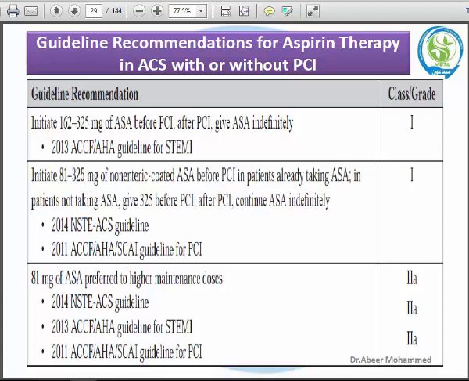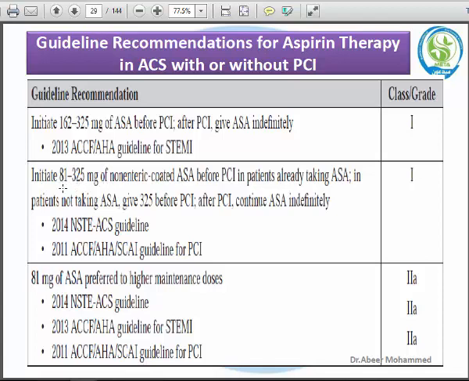Guidelines recommendation for aspirin therapy in acute coronary syndrome with or without PCI. Initiation is the loading dose, as we said, from 162 up to 325 milligrams. If the patient will go to PCI, he should also receive aspirin at a minimum dose of 81 milligrams. If the patient is in chronic use of aspirin, he will take a lower dose.